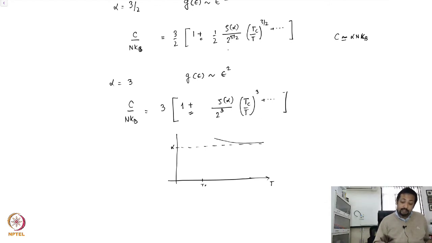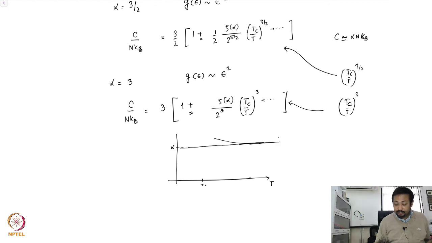In one case it approaches as Tc over T raised to the power 3/2, and in this case it approaches as Tc over T whole cube. But in both the cases it's going to approach the classical limit C over NkB from above this line, which is C over NkB equal to alpha.